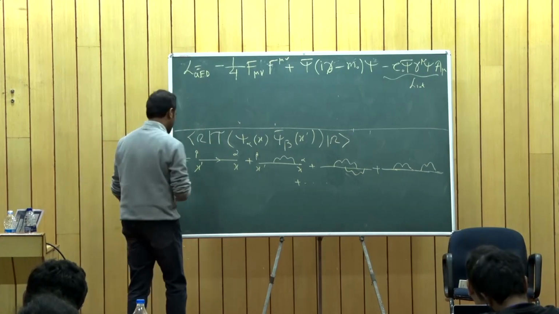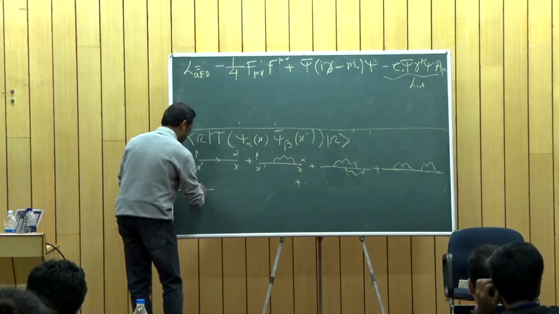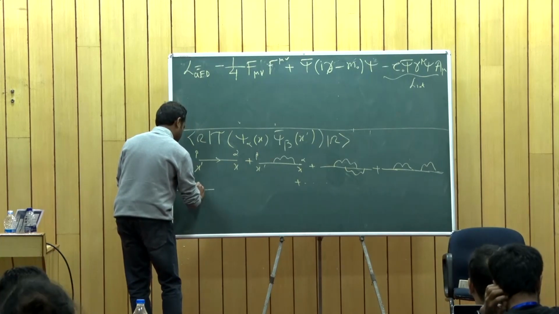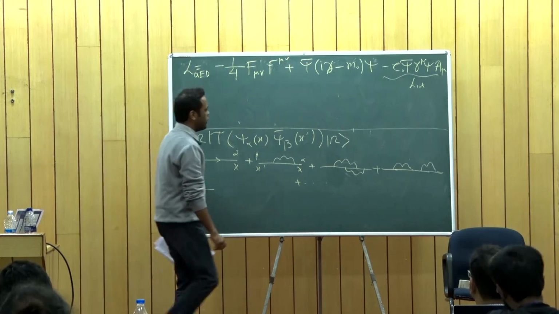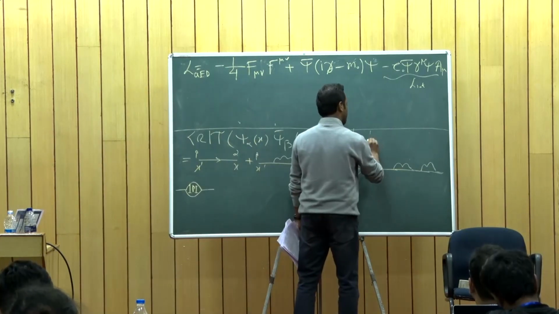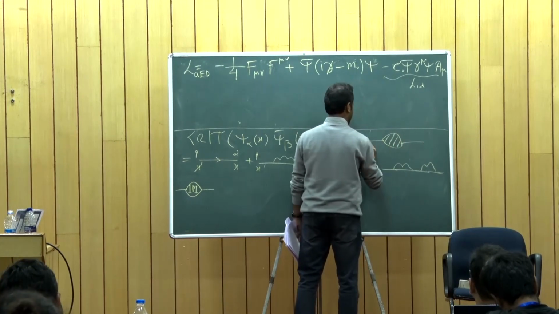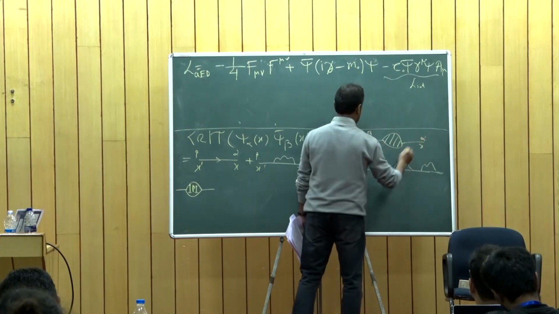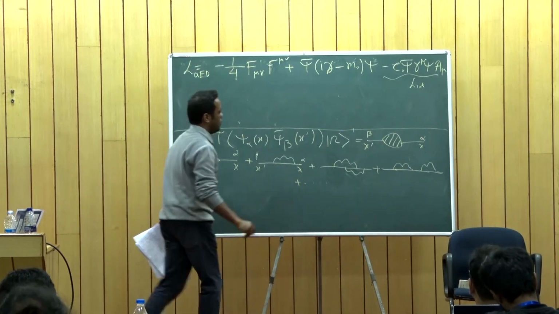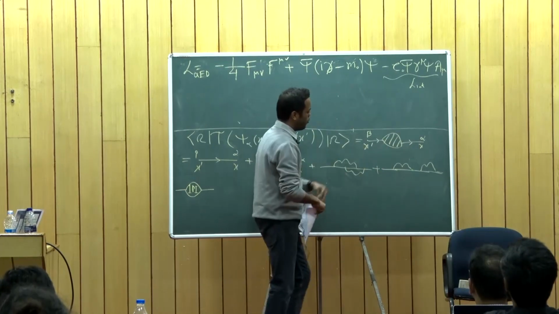So I'll just introduce this diagrammatic symbol. By the way, let me give this quantity a diagrammatic notation with a blob, x prime beta, x alpha.